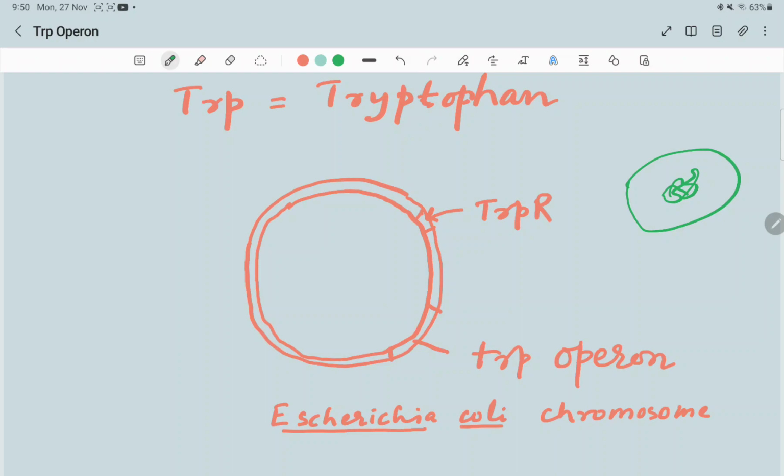This chromosome contains this TRP operon, and the regulatory gene is known as TRPR, which is away from this operon, whereas in lac operon it was with the operon. Here it is away from the operon.